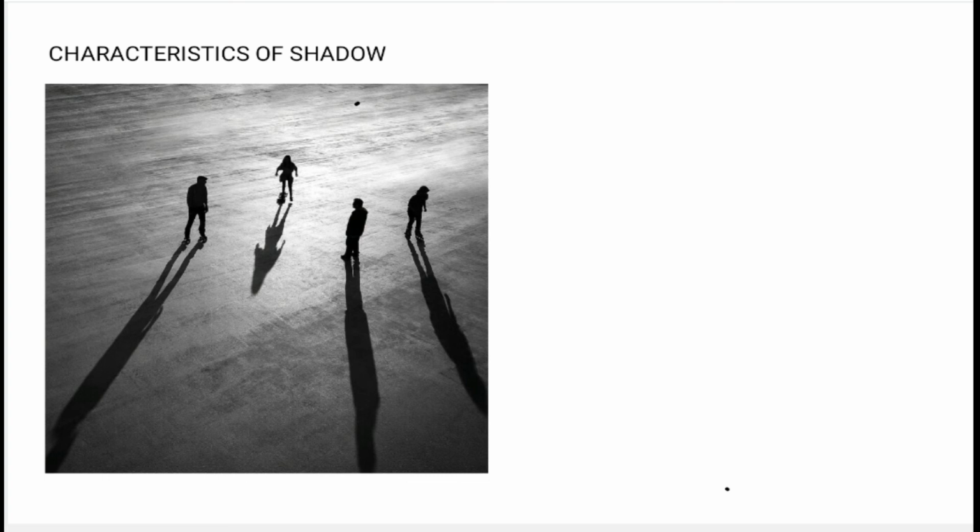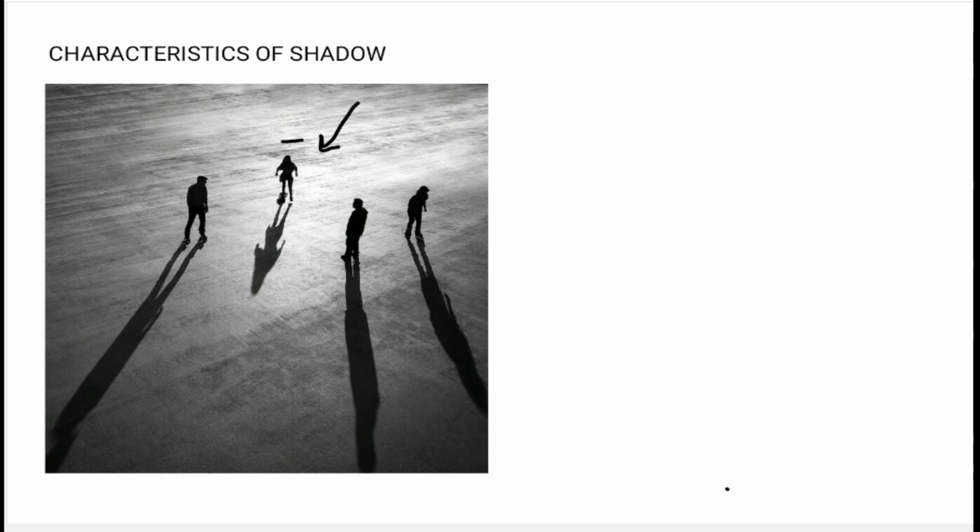Students, for shadow formation, there must be three essential things. First is a source of light. As you can see from this picture, there is a source of light from this side.